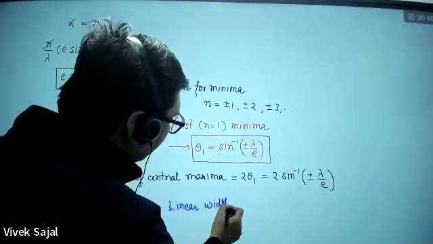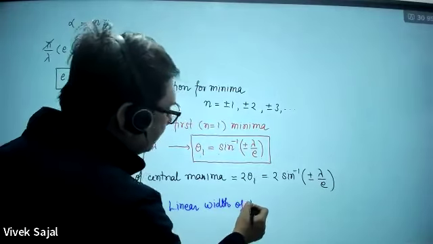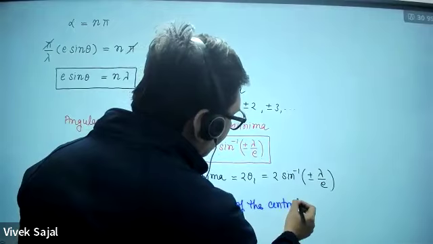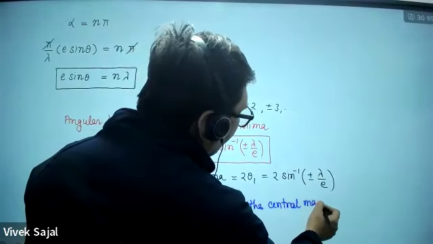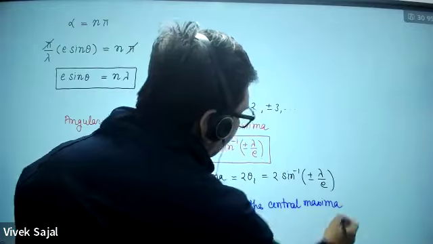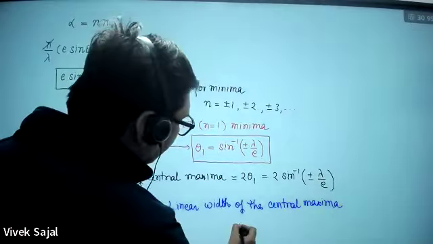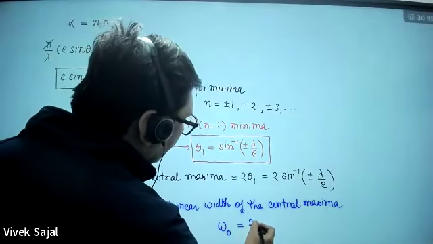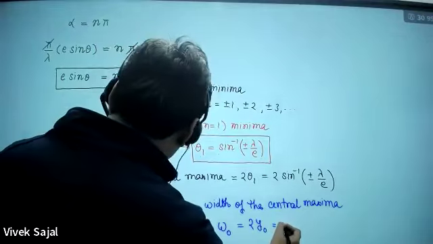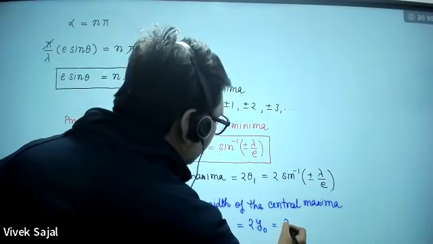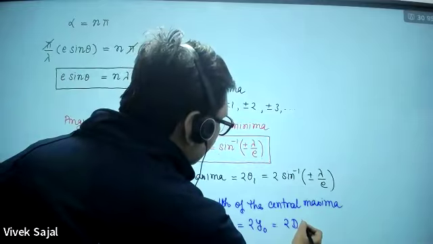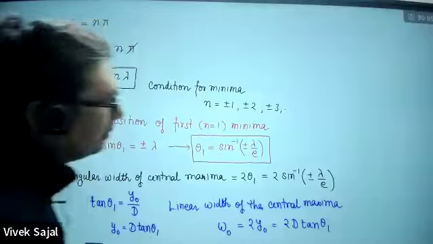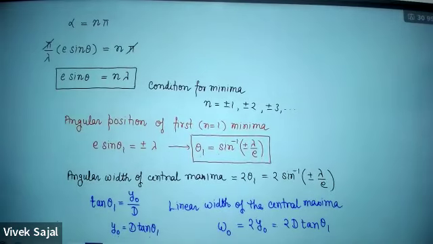Linear width of the central maxima, this will be W naught. That will be equal to 2 Y naught. So this will be 2 times D tan theta 1. So in this way, you can find out the width of the central maxima.